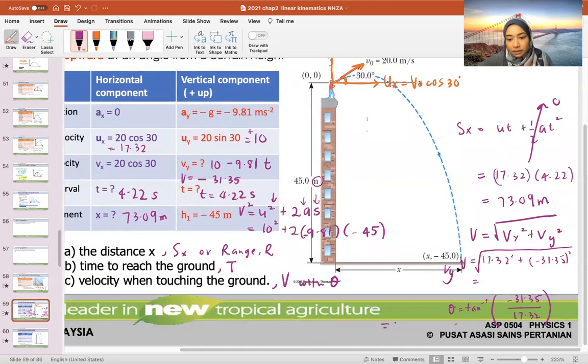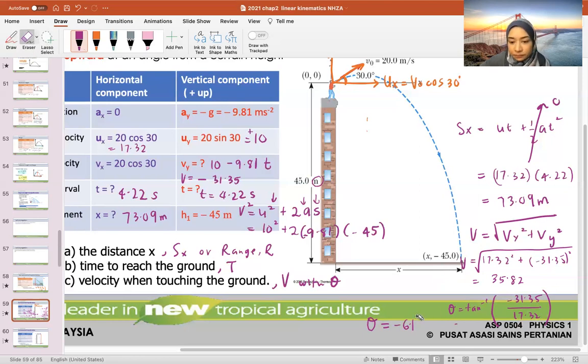Will it give the same answer? What's the answer for V? 35.82. 35.82. Thank you. What about the theta? Did anyone try? Negative 61.08.